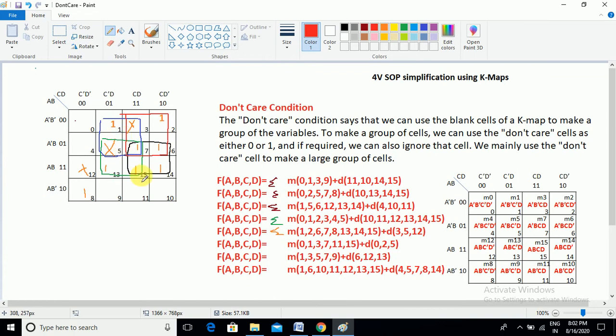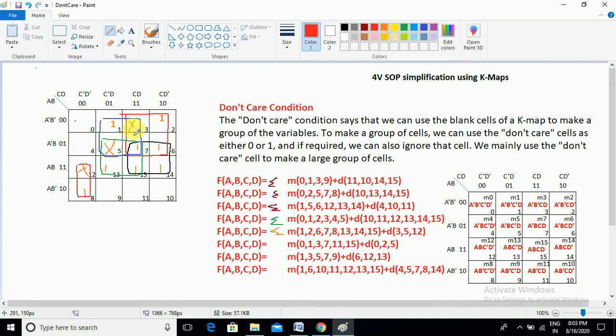Totally 4 groups of 4 cells are created, and this one is only a group of 2 cells, with the combination of 8 and 12. So this is the answer for the given Boolean function, and all are prime implicants, because in the 4 groups of 4 cells, one cell is not in the overlap, 3 are in overlap. Let us go to the blue color.